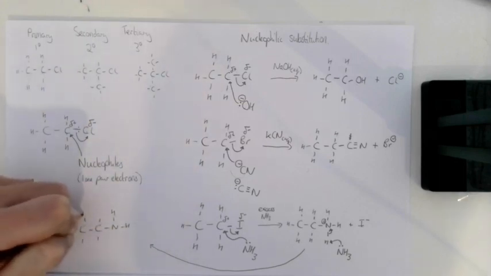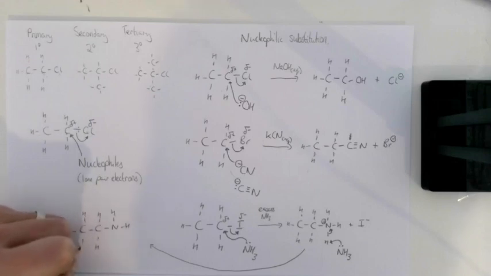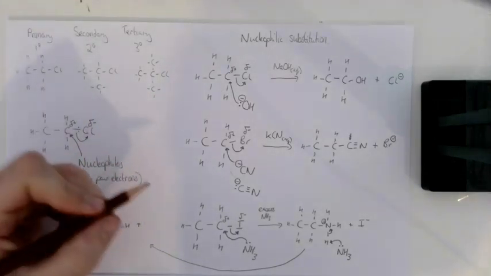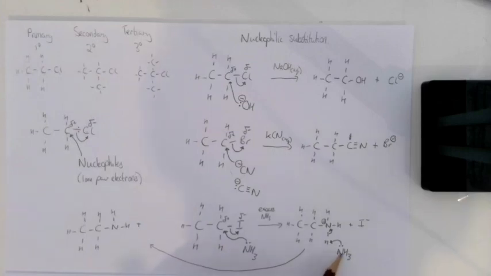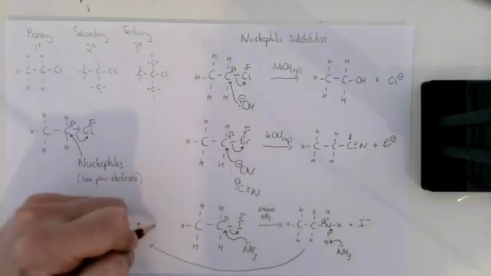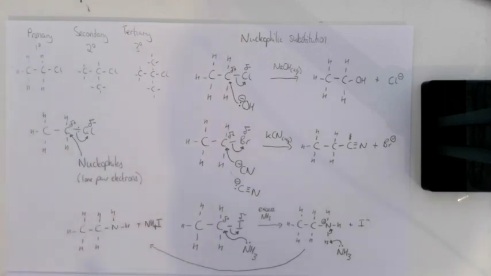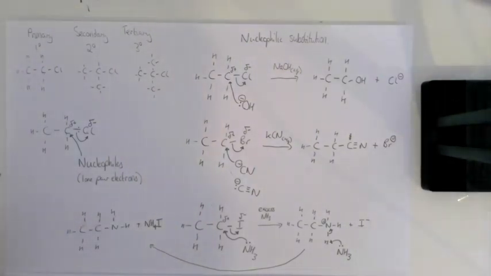So the nitrogen's now got 3 bonds, 1, 2, 3, it's stable. The other side product is that this NH3 also picks up this hydrogen, so it's now NH4 plus, and it joins with the I minus, NH4 plus, I minus, gives us NH4I as another product.